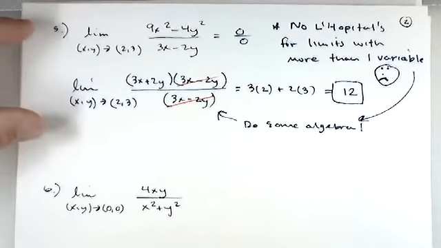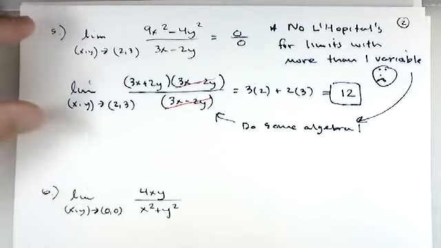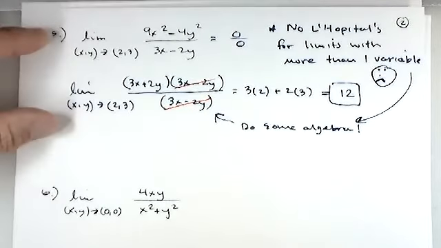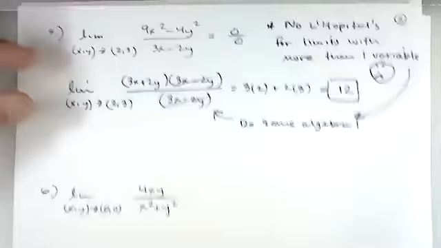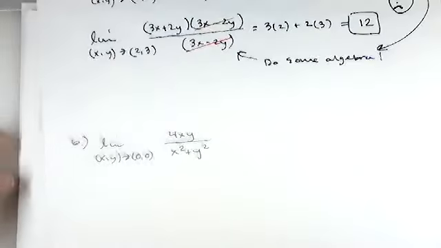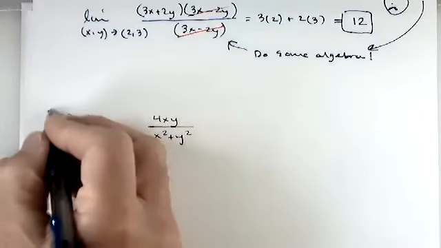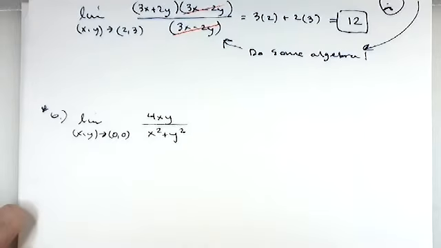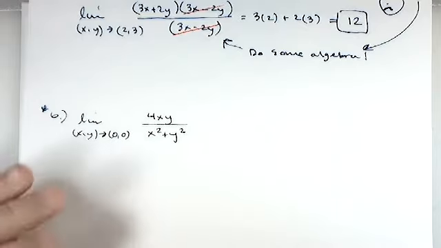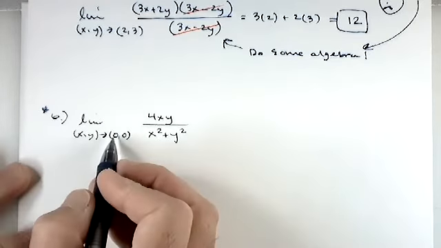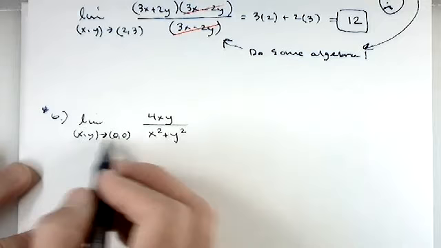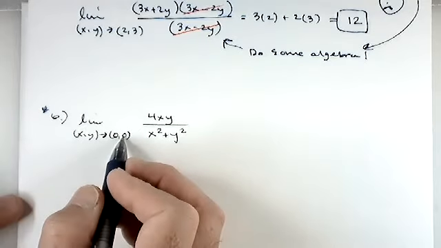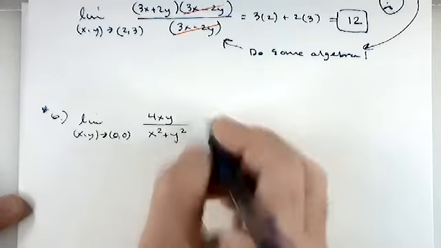Because these involve a little more work, more likely that a problem like that would show up on a quiz or an exam. But what is almost a sure thing that will show up on your next quiz or exam having to do with limits, it would be one like this, and the next several we're going to do. Because here I have x and y approaching the origin, basically 0, 0, 4xy over x squared plus y squared.